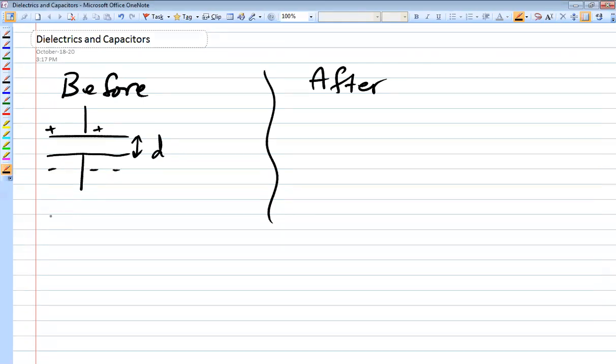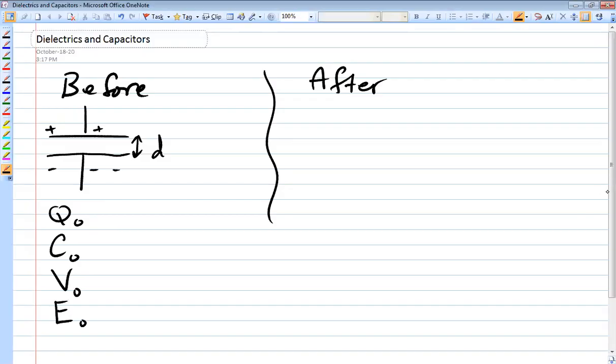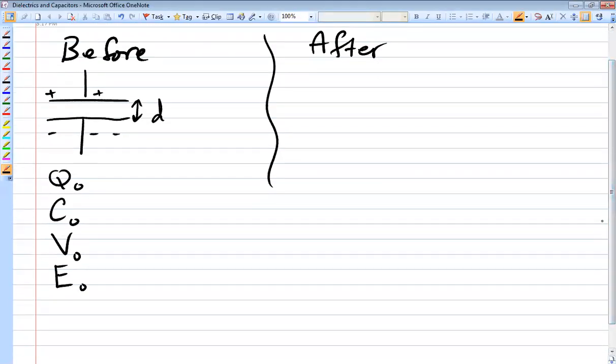And so we'll call all the initial values: initial charge, Q0, initial capacitance, C0, initial voltage, V0, initial electric field, E0, and initial potential energy that is stored in that electric field, PE0. Those will be all the initial quantities. The governing equations: capacitance is Q0 over V0.